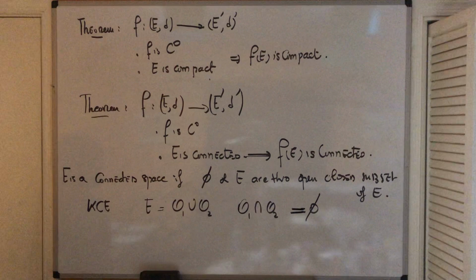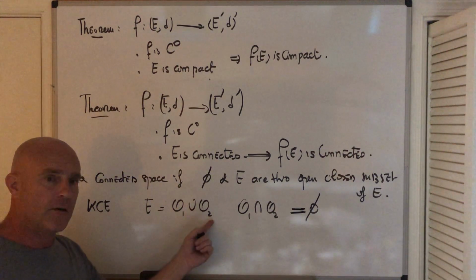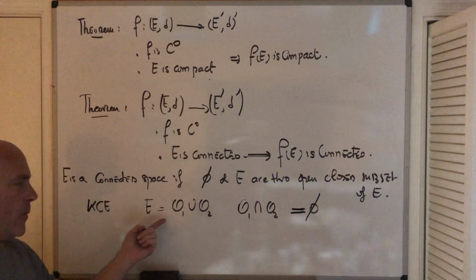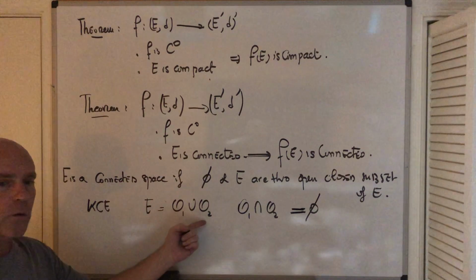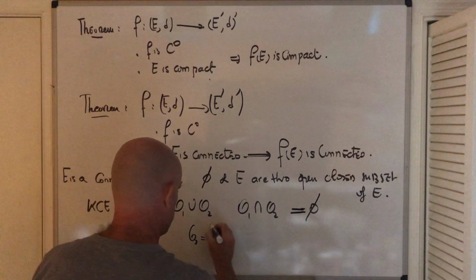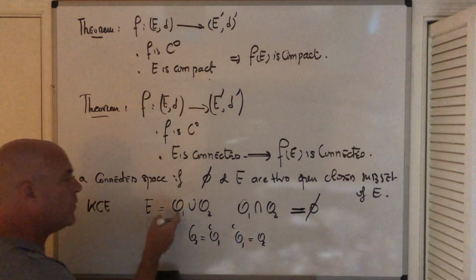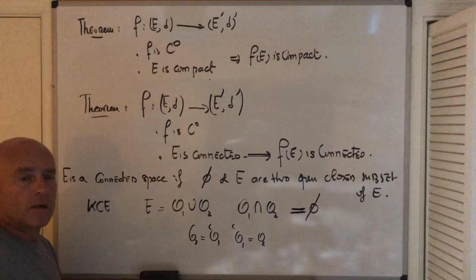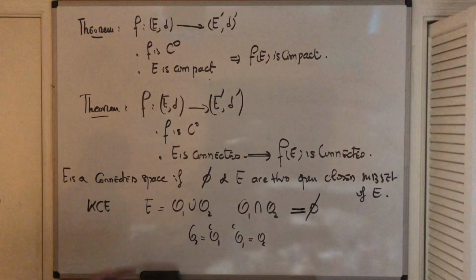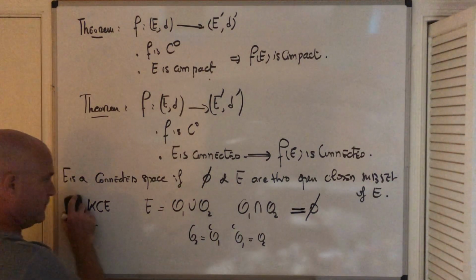So O1 is open, O2 is open, but since O1 is a complementary of O2, they don't intersect, you see? If a point x is in E, it is either in O1 or in O2. So that means that O2 is the complementary of O1, and O1 is the complementary of O2. But that means that both sets O1 and O2 are closed and open at the same time. The conclusion tells you that one of those is empty and the other one is the full set. That's what it says.